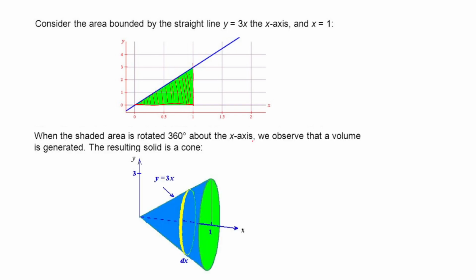If we rotate it 360 degrees about the x-axis, we observe that a volume is generated. Right? The volume created is a cone. If we try to draw and rotate this, most likely the generated volume is a cone. So that's the idea.